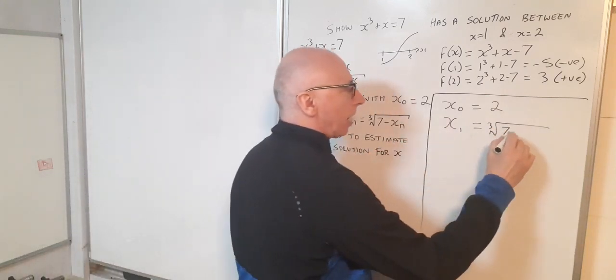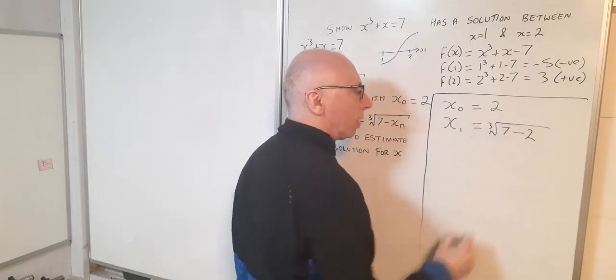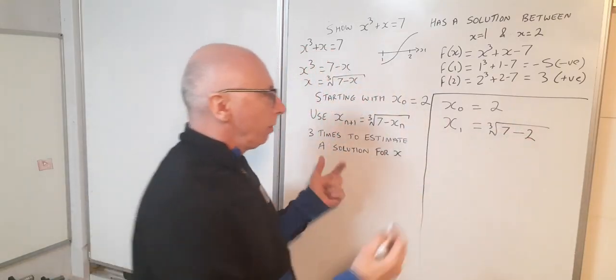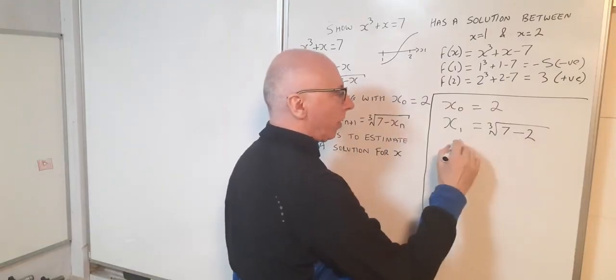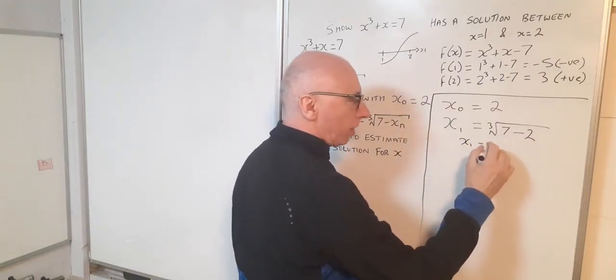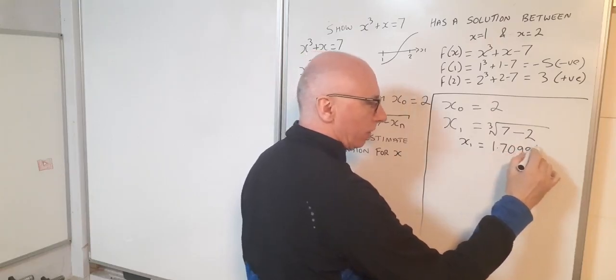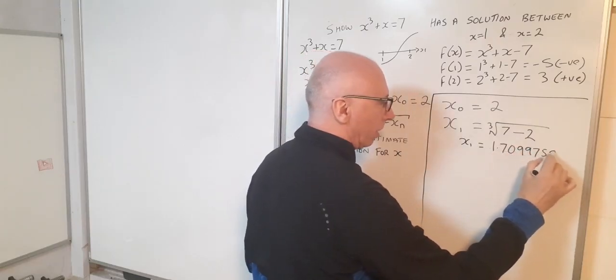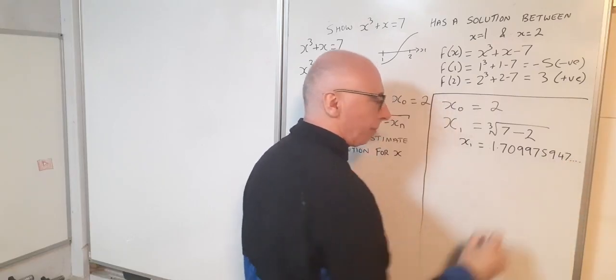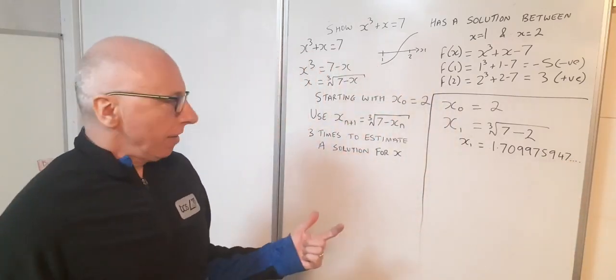So 7 minus x0, which is 2. So therefore x1, plug that into your calculator, is just the cube root of 5. So x1 equals 1.709975947 and so on.